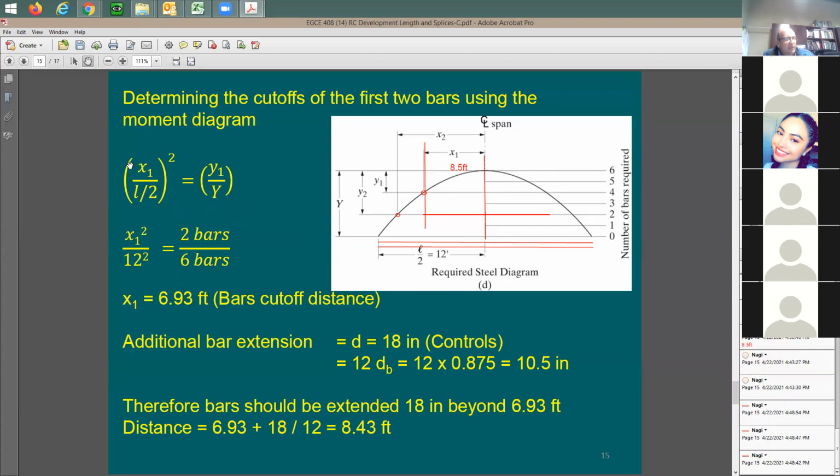Do you have any issues with this equation? Is it clear or not really? Not really. Okay, this is a second degree parabola. So it means that, let's say, if x is going to be 1, y is going to be 1, if x is going to be 2, y is going to be equal to 4.